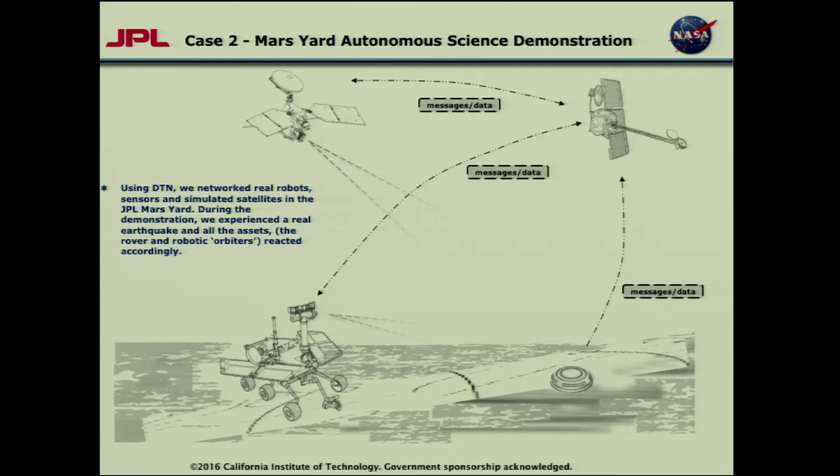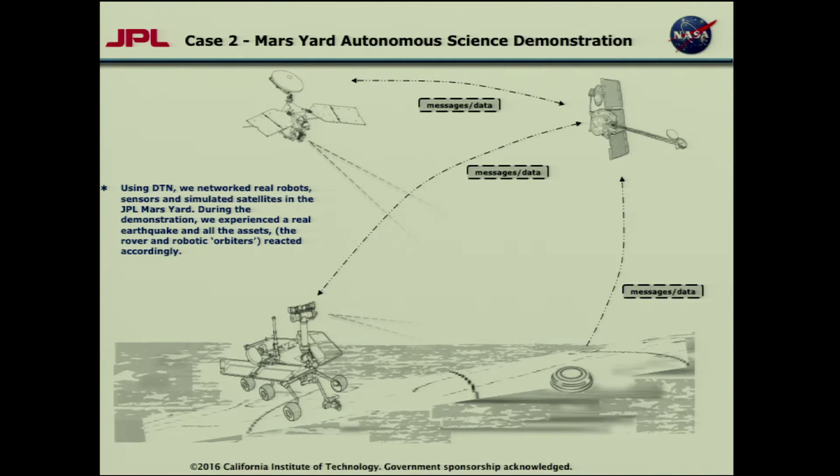We had a seismic sensor, a rover, a relay orbiter, and a science orbiter. The question was, if we create a flight-like network, so we had channel simulators that created real propagation delays. We injected errors by dropping frames, and we basically built a space-like network where the environment was similar, to the best of our ability, to the space environment.